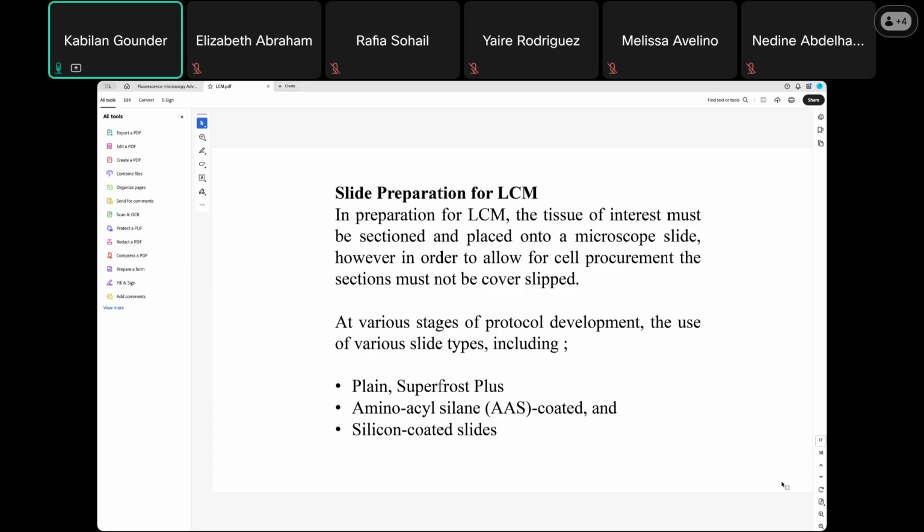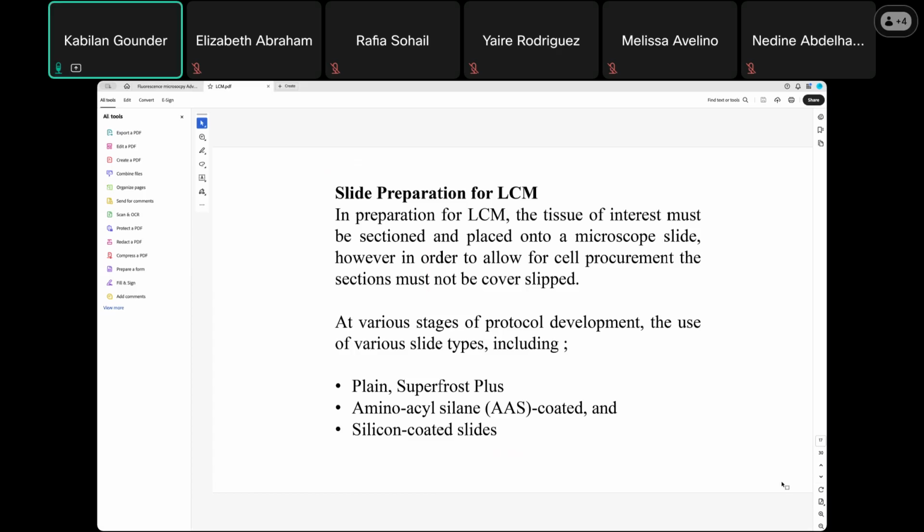That means you are going to isolate protein, DNA, or RNA, so you have to take extra care. In preparation for LCM, the tissue of interest must be sectioned and placed onto a microscope slide, right? However, in order to allow for cell procurement, the sections must not be cover-slipped, as I described earlier.